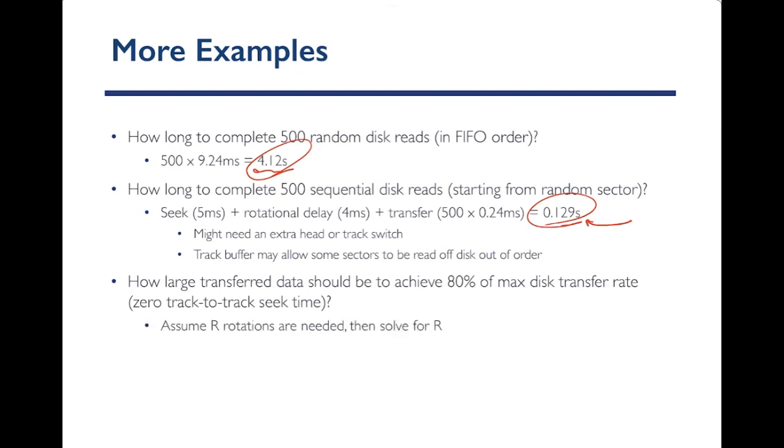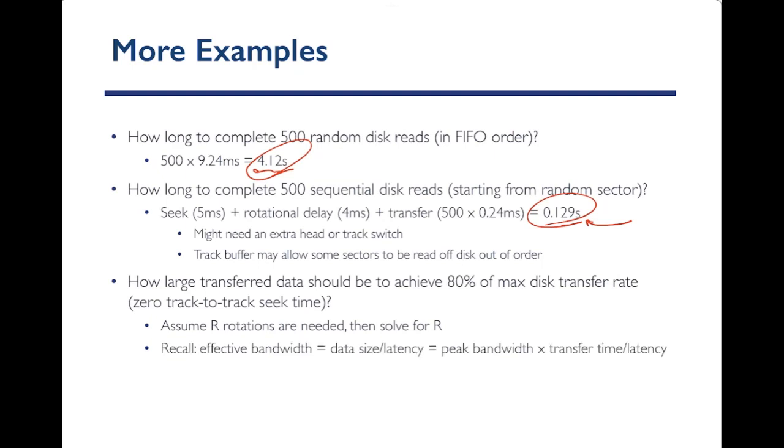So let's assume we don't know how many tracks we need to read. Let's assume that we need R rotations to read all of our data. We don't know how much data, so we don't know how many rotations we need. So let's assume that we need R rotations. Basically, we need to read from R tracks.